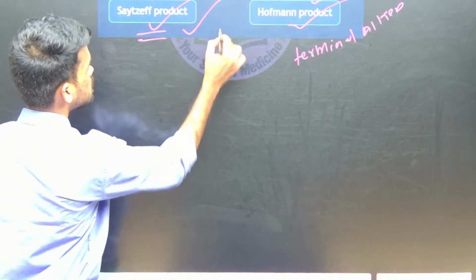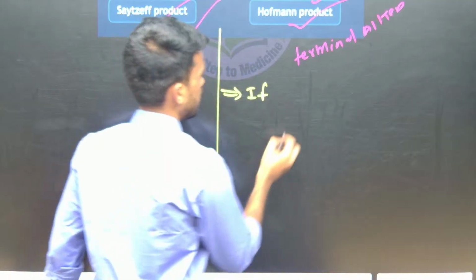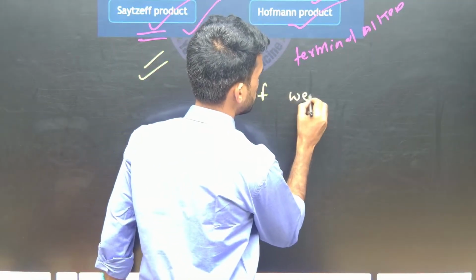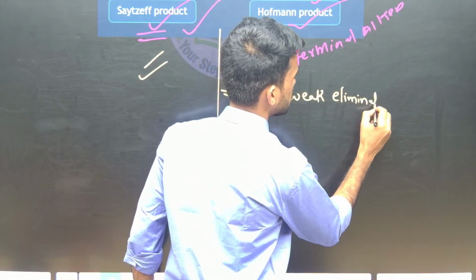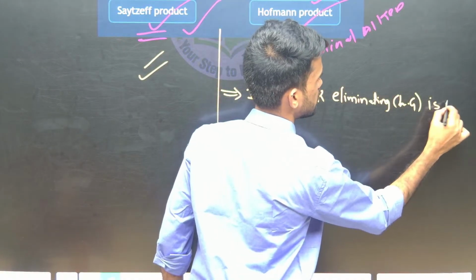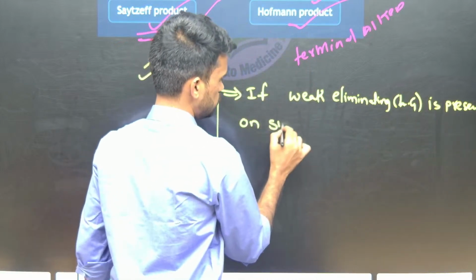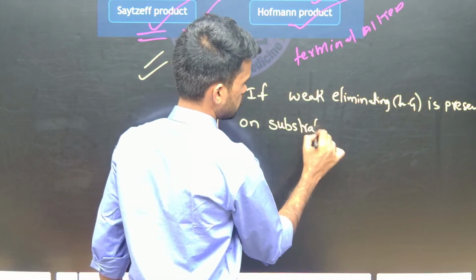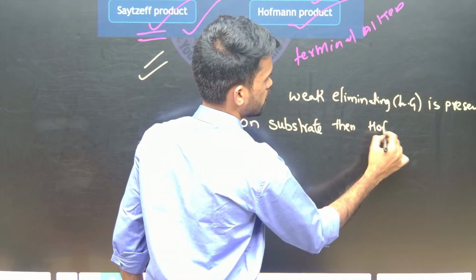Mostly it will be forming Saytzeff product only, except there are few conditions. If a weak leaving group, weak eliminating or leaving group, is present on the substrate, then Hofmann elimination takes place.